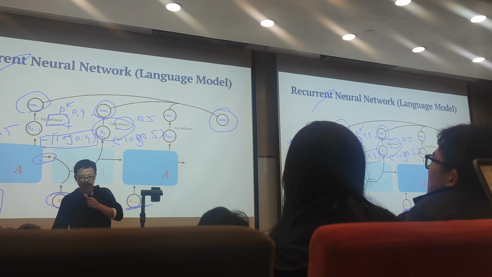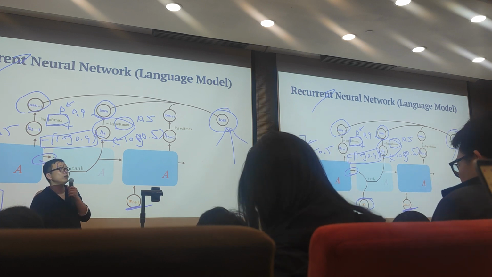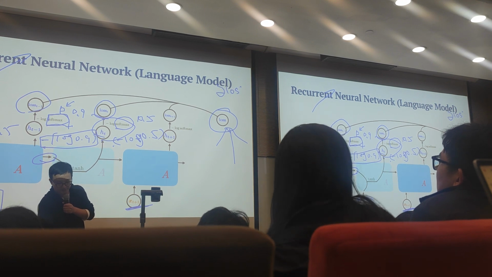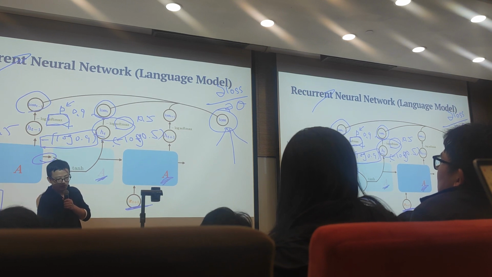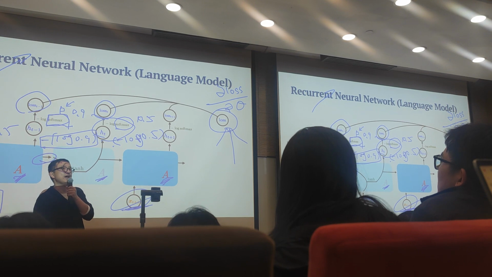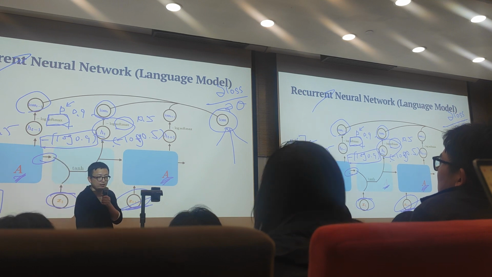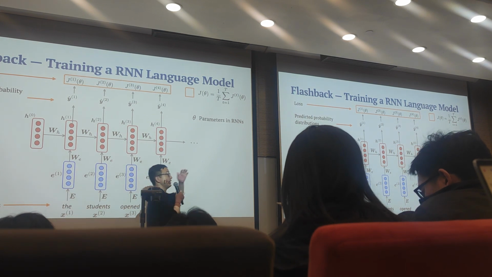So at the end of the day, we do a summation over all these losses, and this becomes the final loss of the computational graph. That's where we start to do gradient descent from. So we compute the gradient of the loss with respect to every single parameter that we have inside this neural network, and then we backprop from it to make it better. Okay? And it includes the word embeddings that we have here, right? It includes that set of parameters as well.